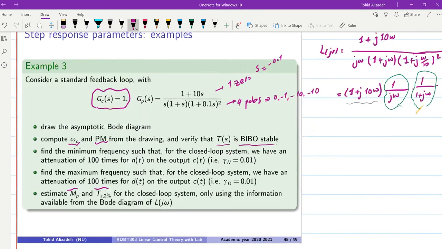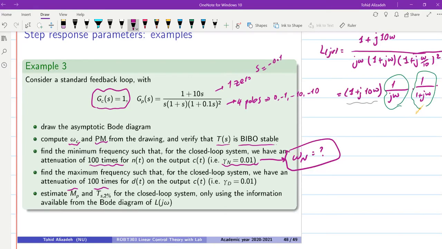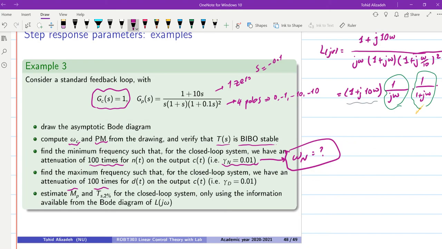Now, as the next point, we need to find the minimum frequency such that for the closed loop system, we have an attenuation of 100 times for the noise signal on the output. So gamma n is equal to 0.01, and we want to find out the proper omega n, for which range of frequencies the 100 times attenuation of the noise will be the case.